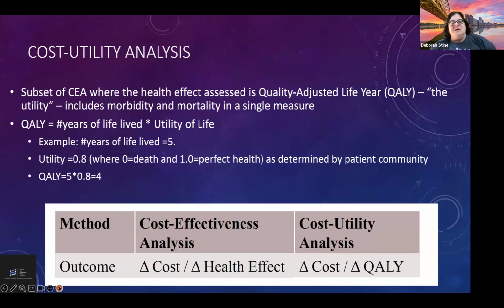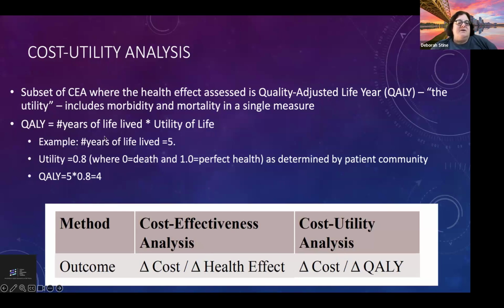Okay, so cost utility analysis is sort of a variant of cost effectiveness analysis. The cost is the same in terms of the numerator, but you're looking at the quality adjusted life years for the denominator.